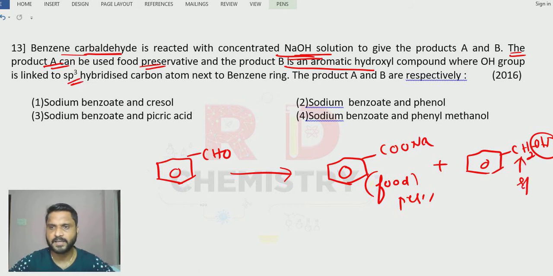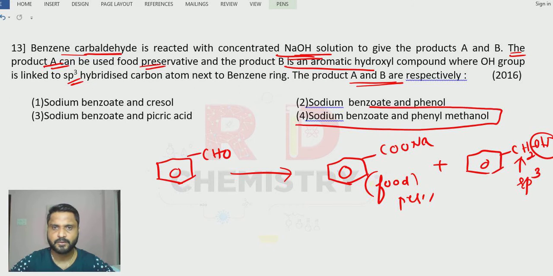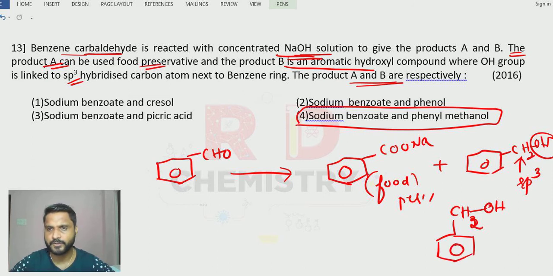Answer is option number 4. So it is sodium benzoate and phenyl methanol. Methanol is CH3OH. So remove one hydrogen, introduce a benzene, and that is phenyl methanol, which is also called benzyl alcohol. Okay.